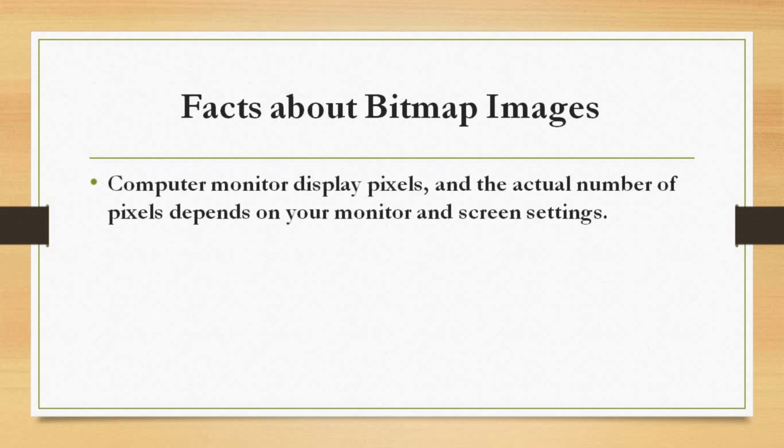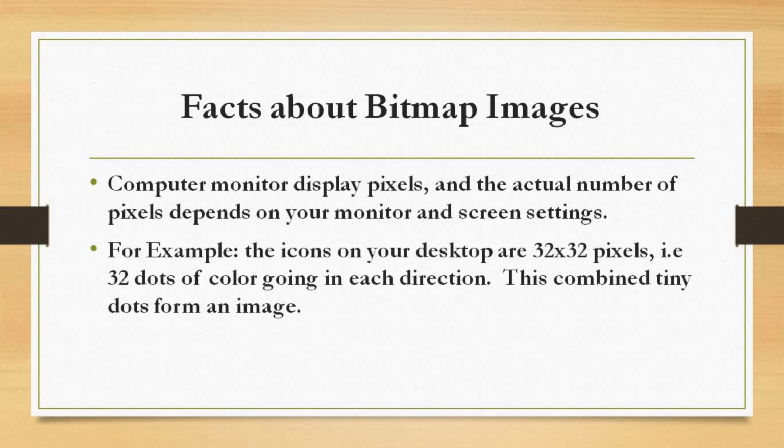So let's see some facts of bitmap images. A monitor also displays images in pixels, and the actual number of pixels depends upon your monitor and the screen setting. For example, an icon on the desktop has 32 by 32 pixels, that is, 32 dots of color going in each direction.